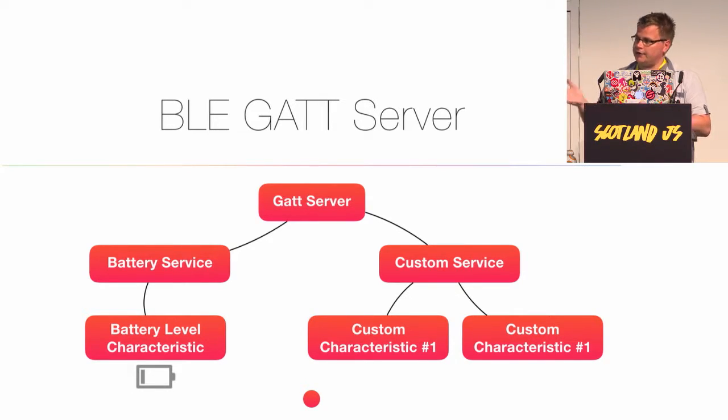But you can also write custom services, for example up, down, etc., the actual control over the device. Each of those services has characteristics, and you can read characteristics and write to characteristics. Reading a characteristic would be the battery. I can't change the value of the battery, but I can change how far it goes up, what speed it's going forward, etc.